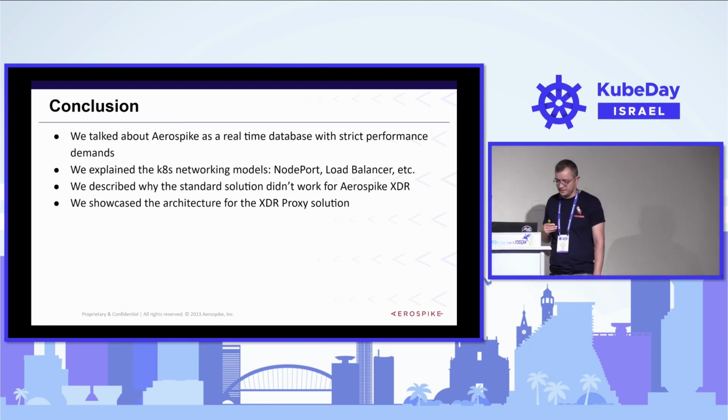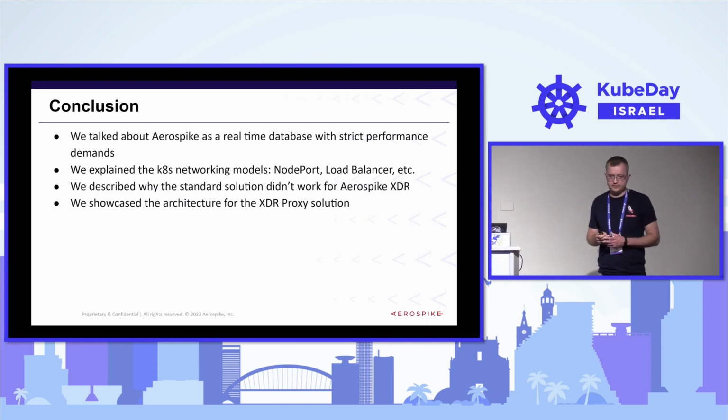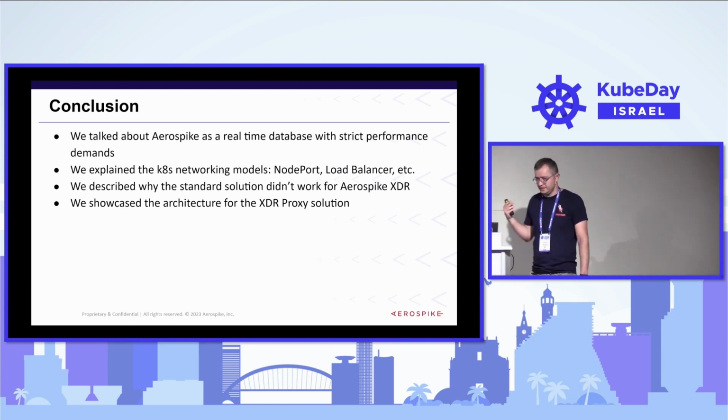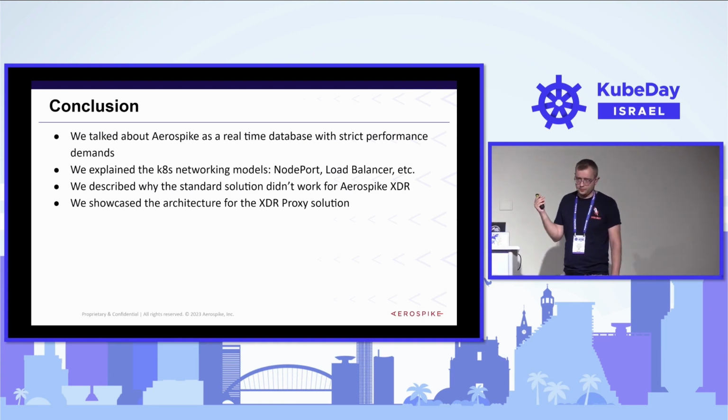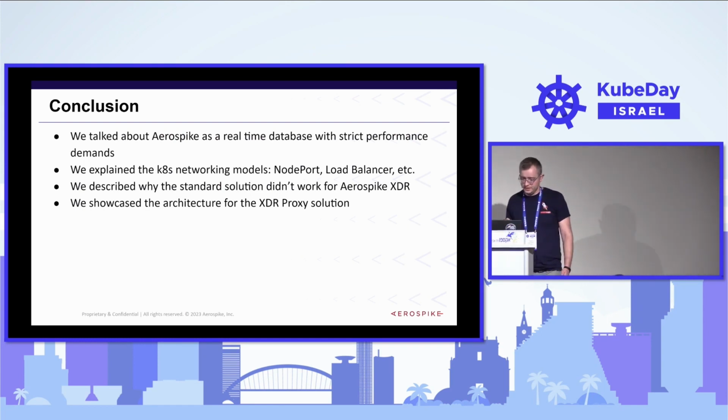Afterwards we saw the issue that we had, which was that we could not use the stickiness of the connection, and we wanted to convert it to be stateless, as it is done in Kubernetes. And afterwards, we saw the solution.